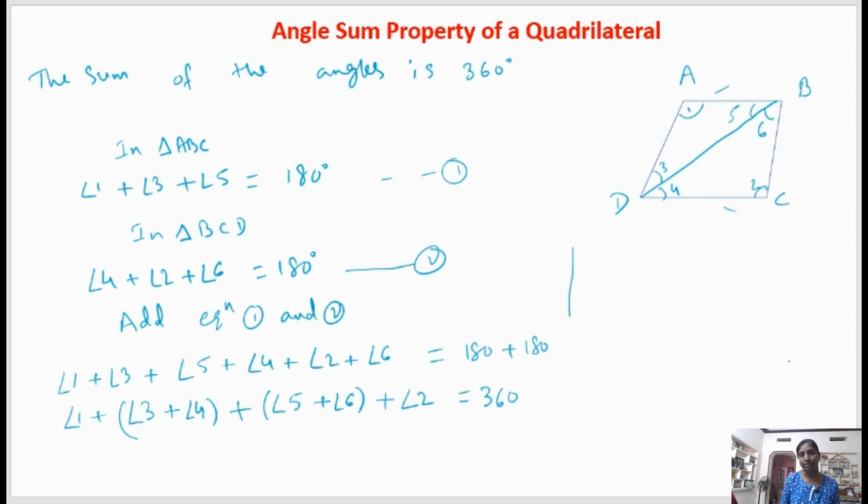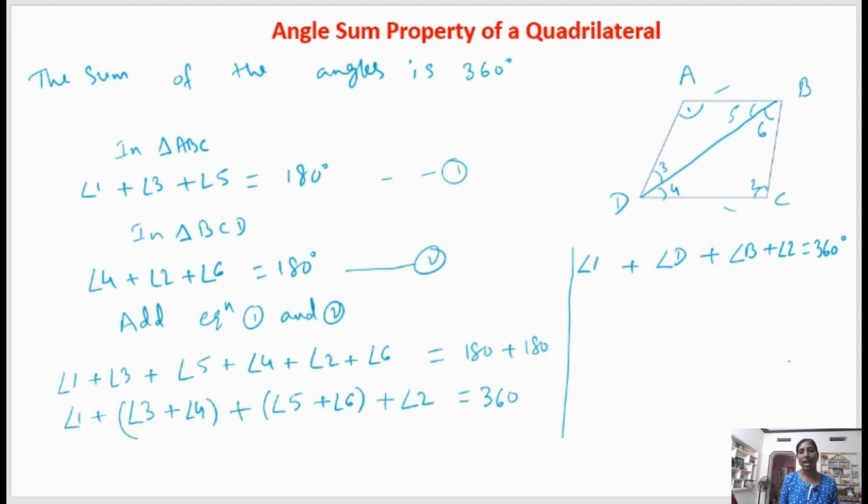So here angle 1 plus angle 3 plus angle 4. Angle 3 plus angle 4 you can see in the figure. Clearly we can say that angle 3 plus angle 4 is equal to angle D. And angle 5 plus angle 6 you can write as angle B. Plus angle 2 is equal to 360 degree.